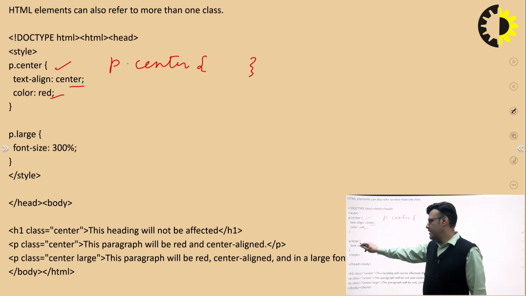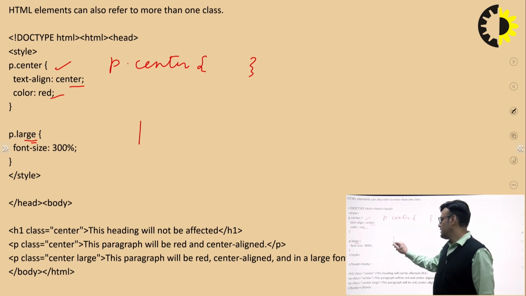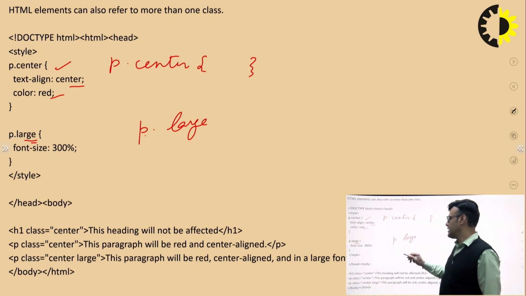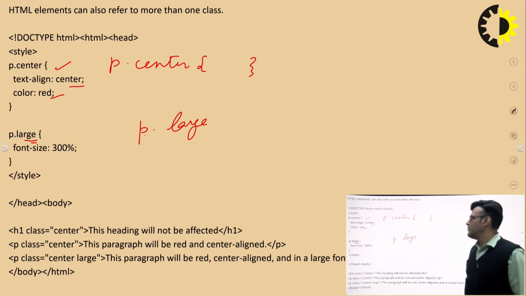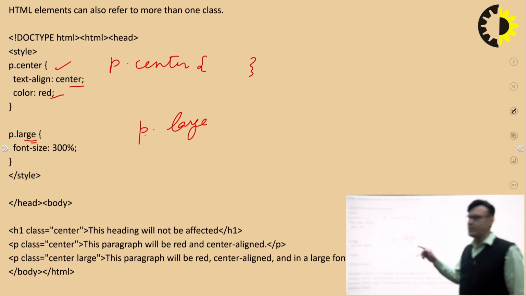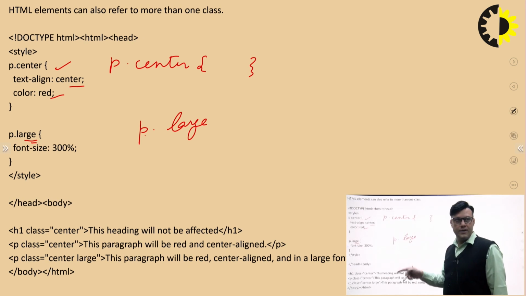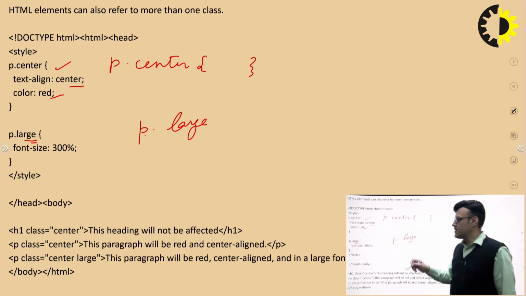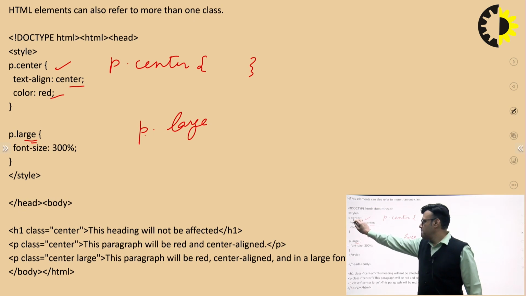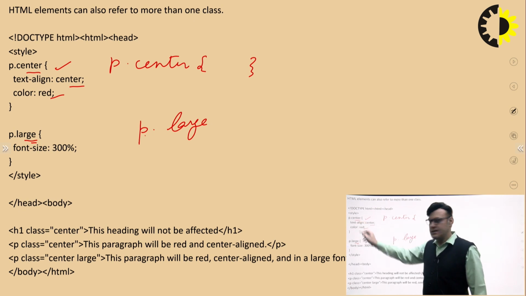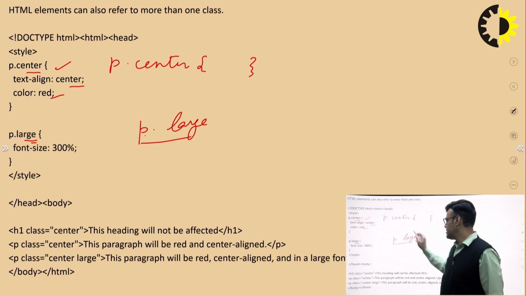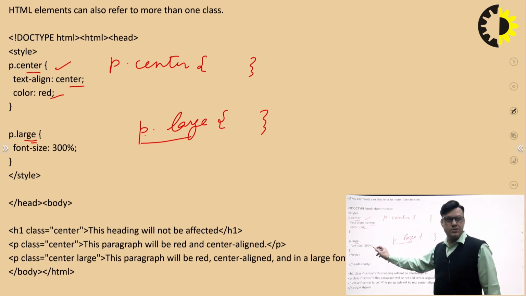Again, I have defined another class. For another particular element, I have used P dot large. The name of the class is large. So, an HTML element can refer to more than one class, right? Firstly, P dot center, then secondly P dot large. Under this P dot large, I have increased the font size to 300%.